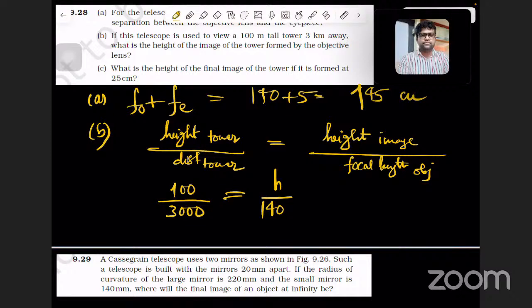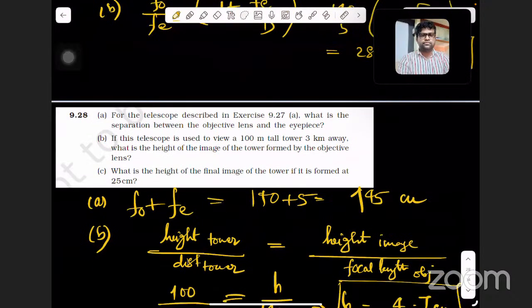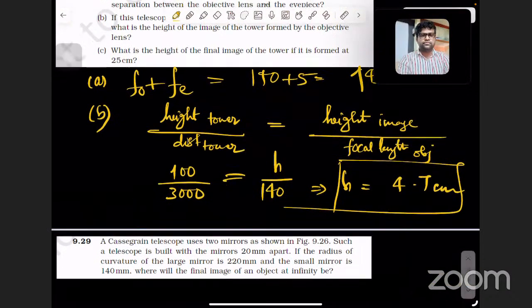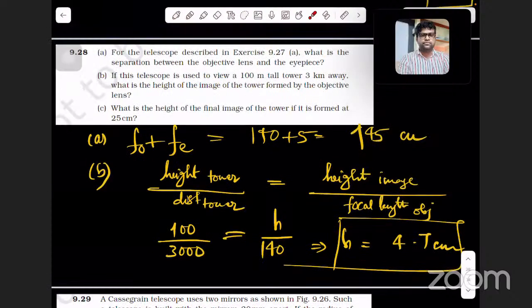Okay. So that implies we find h as 4.7 centimeters. All right. So yeah, I think that's an easy question. So (b), okay.